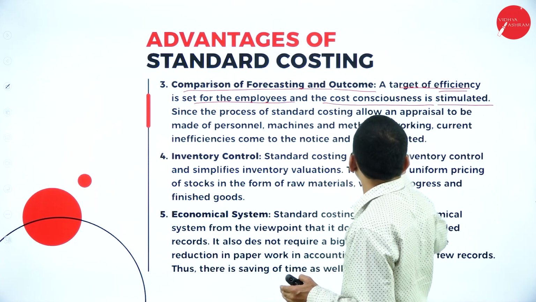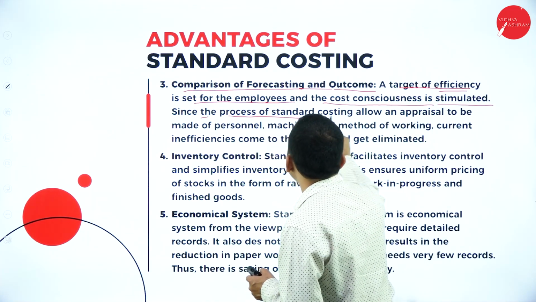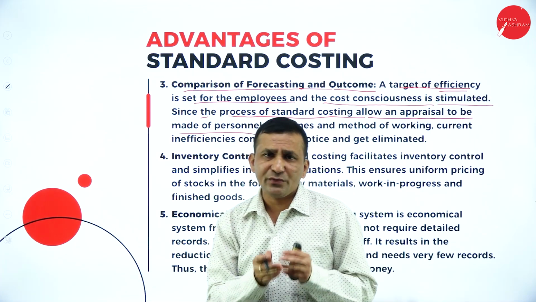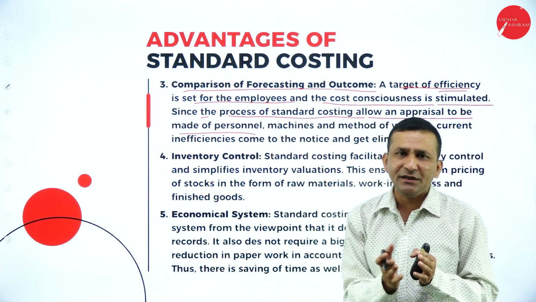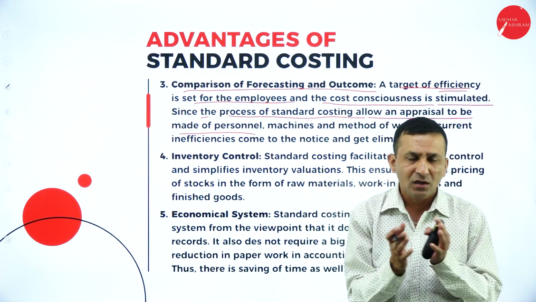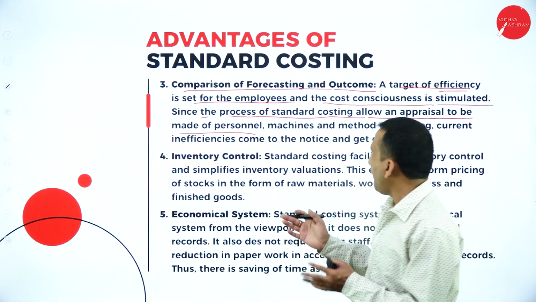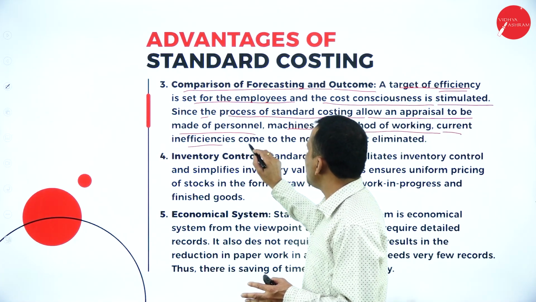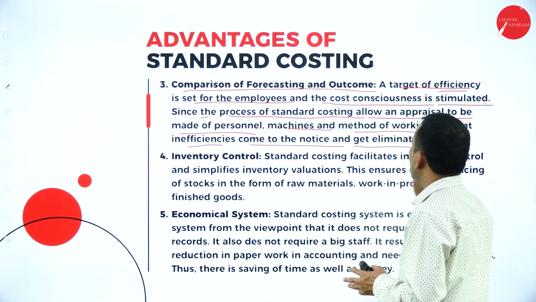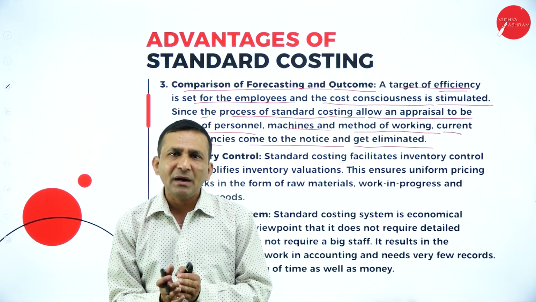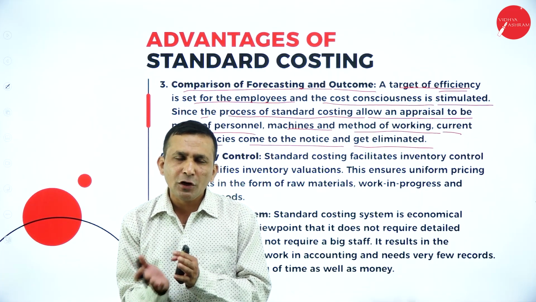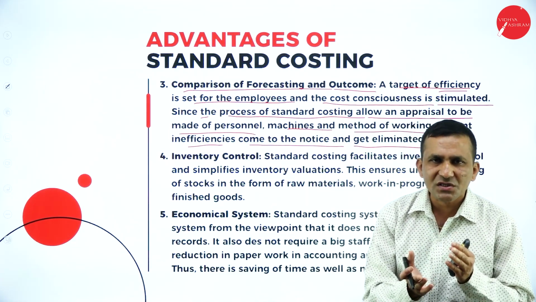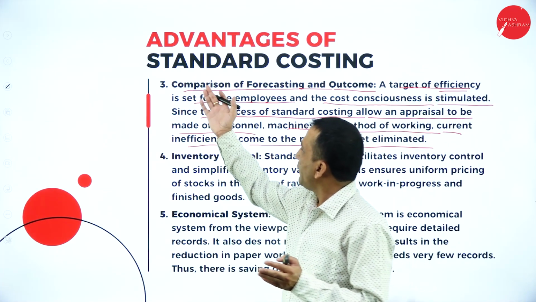Since the process of standard costing allows an appraisal to be made of personnel, because we are comparing the activity and all the inputs involved in production. Obviously the machine and method of working, the current inefficiency comes into notice, then gets eliminated. If you compare, we can take a proper decision about what is not contributing to productivity, where the performance is not up to the standard.